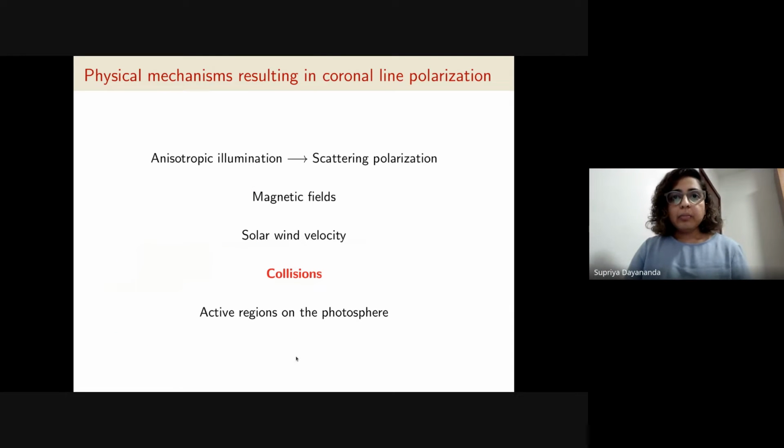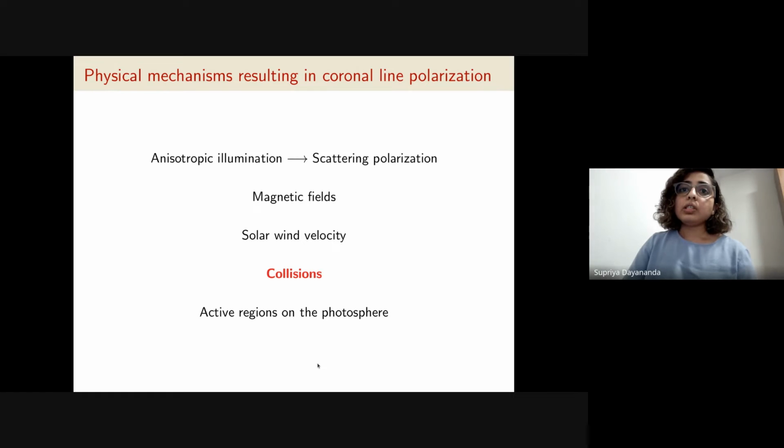The next physical mechanism is collisional transitions. In the solar corona, for some of the lines, mainly forbidden lines, since the atomic levels are long-lived, or since the radiative transition coefficients are very small, the collisional transitions can be comparable to the radiative transitions themselves and have a huge impact in populating the atomic levels and also changing the atomic orientation and alignment.